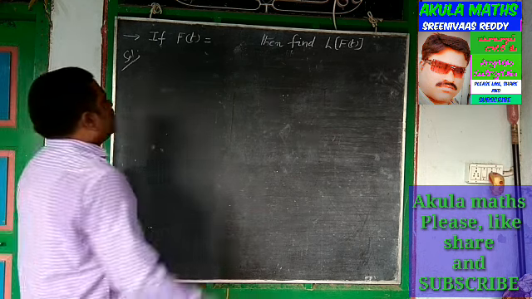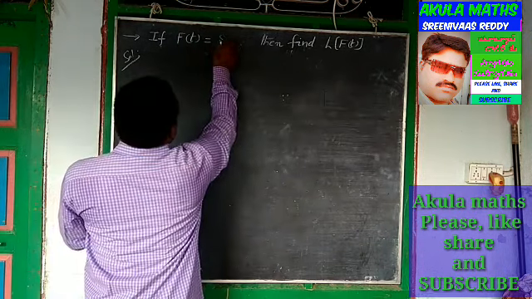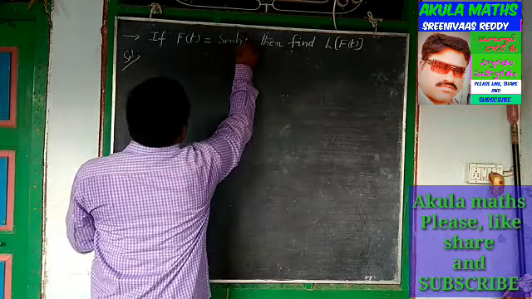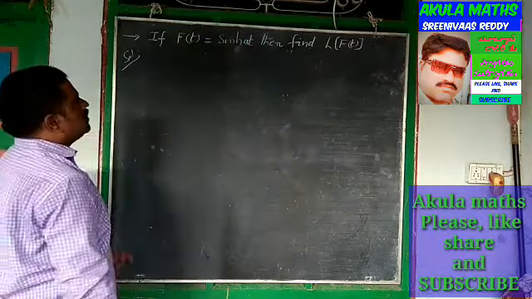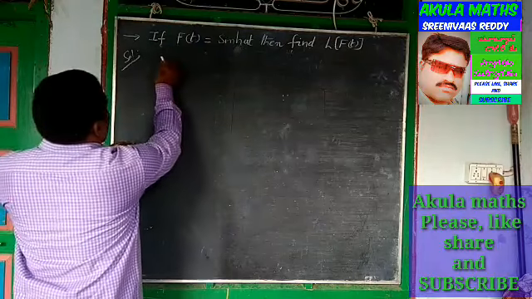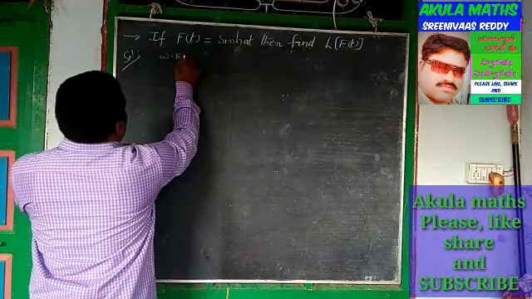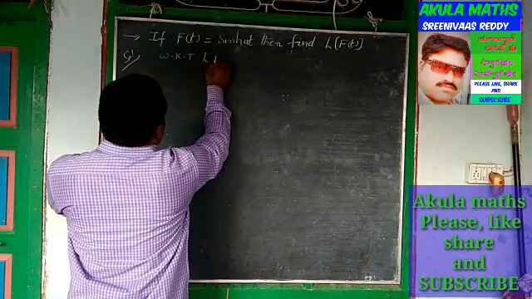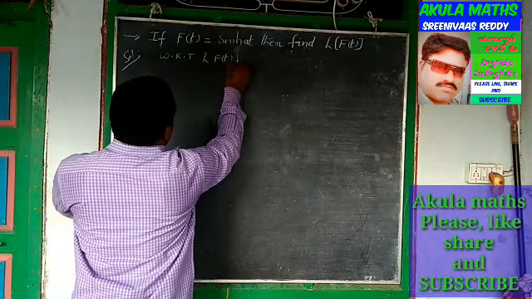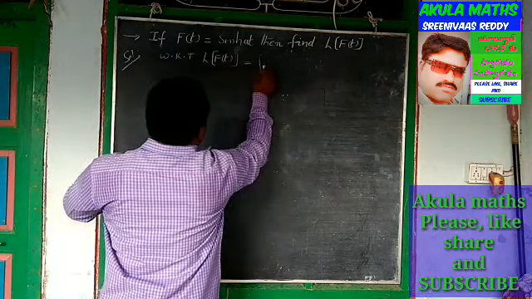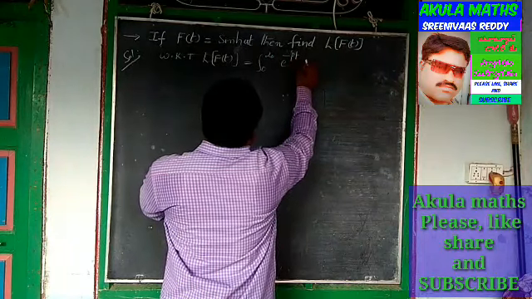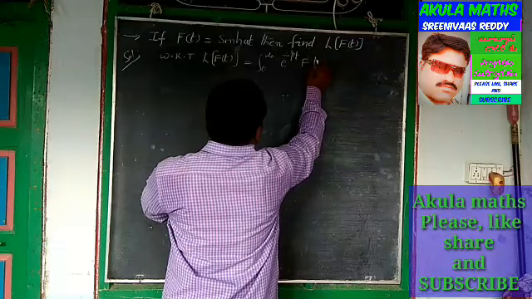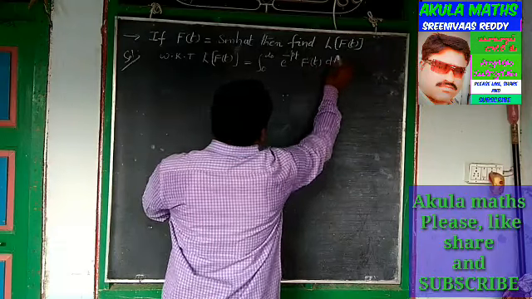Next problem. If f of t is equal to sinh at, then find L of f of t. Solution. We know that L of f of t is equal to integral 0 to infinity e power minus pt f of t into dt.